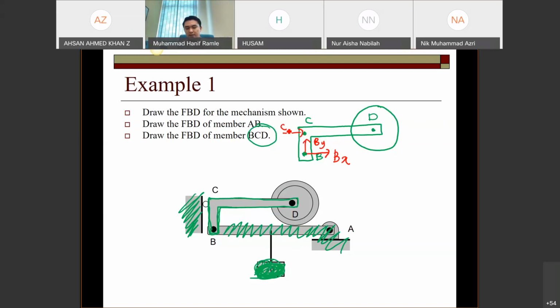You can put C, or maybe you can put CS, because C is equal to CS in this system, since we have only one reaction at C. Okay. Do you know why? Do you need me to explain? Should I explain?